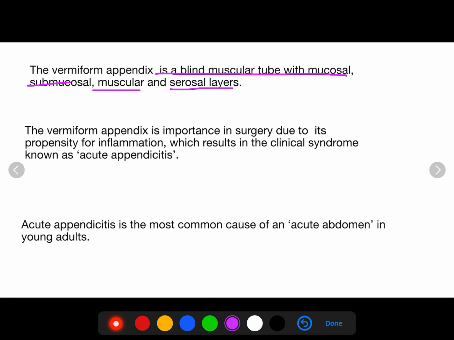Because it has a propensity for inflammation, عندها ميول قوية للinflammation which results in clinical syndrome اللي نعرفه كله احنا acute appendicitis. Acute appendicitis is the most common cause of acute abdomen in young adults. لذلك احنا لازم ناخذها in details ونعرف everything in the appendix.